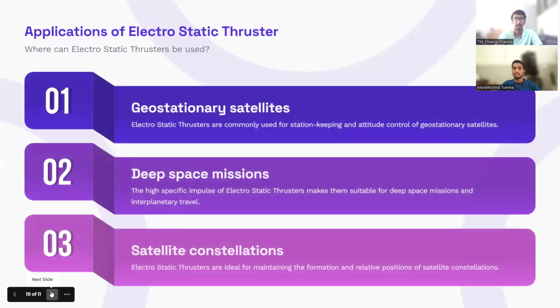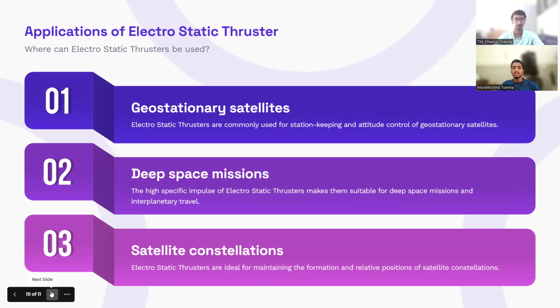Dheeraj, can you tell me about any applications of electrostatic thrusters that we are using? You are thinking about where we can use this electrostatic thruster, because it has so many limitations and requires so much power. There are some applications where electrostatic thrusters are efficient, such as geostationary satellites.